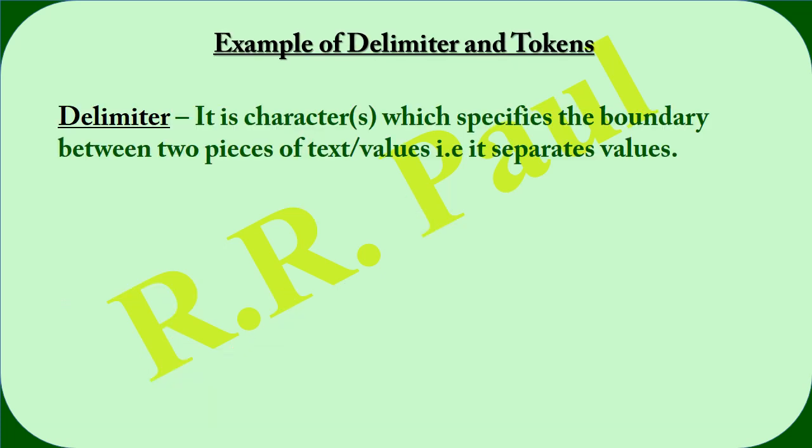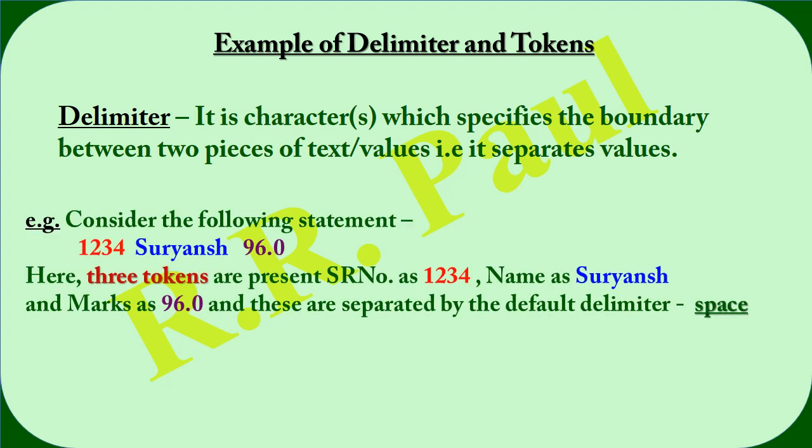After white space, let us see what is a delimiter and what are tokens. Delimiter is one or more characters that separate values. For example, 1234 space Suryansh space 96.0 is input using scanner class object.